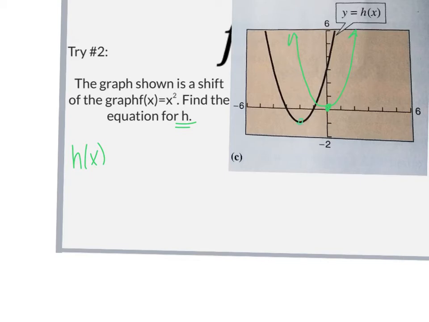If I find the vertex again, it has shifted 2 units to the left and then down 1 unit. So down 1 unit is minus 1. Remember, we put that at the end of our function. But because it moved left 2, we like to think minus 2, but it's actually plus 2. Plus 2 is what we are going to put in our parentheses. So here we go. h of x is (x plus 2) squared and then minus 1.